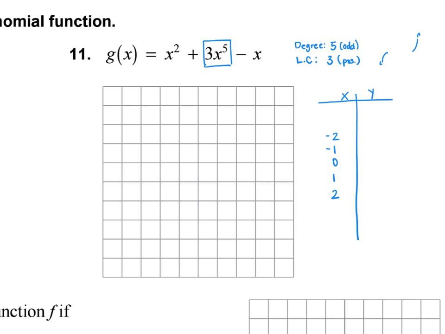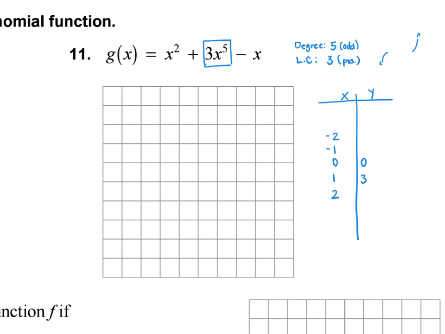If I plug in, let's start with 0. It's the easiest number. If we plug in 0, we're going to get 0. If we plug in 1, we're going to get 1 plus 3, which is 4. 4 minus 1, which is 3.